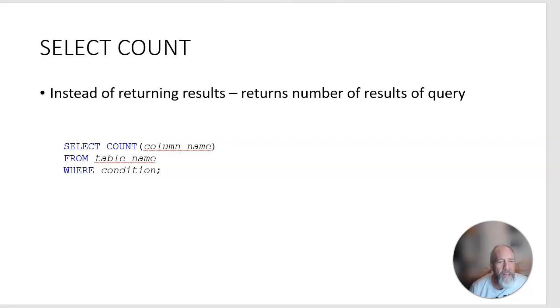Basically, you want to count how many records exist. That is common. If you want to know if something is in the database, you say select count star from table where primary key equals a specific value, and voila, if it equals 1, that means it already is in the database. If it is equal to 0, it means it doesn't.